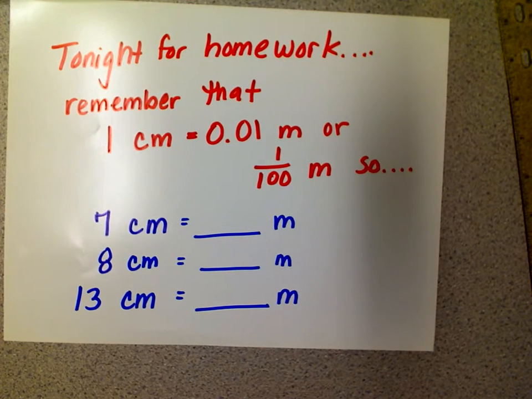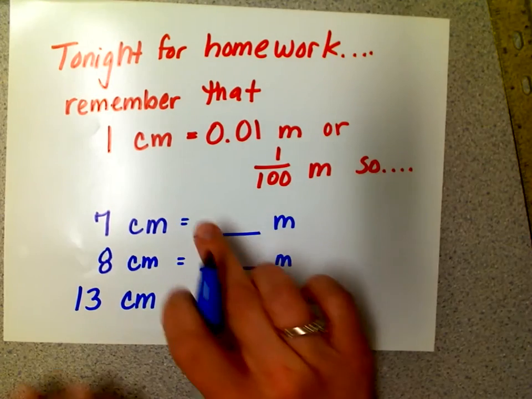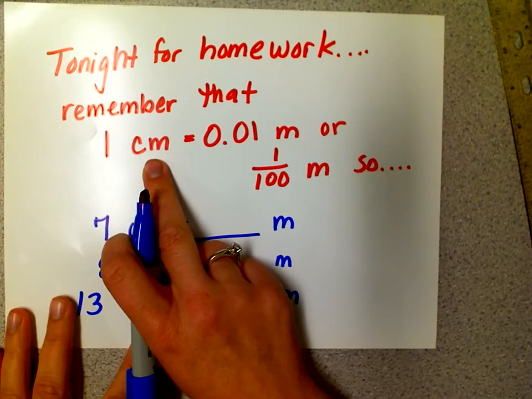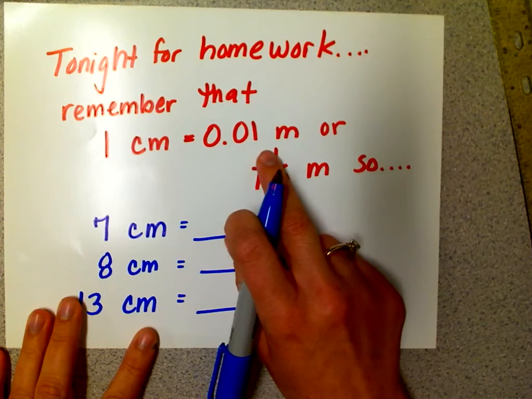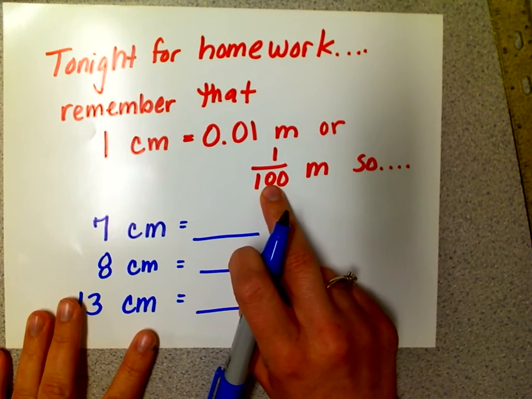Because tonight for homework, you're going to be changing centimeters to meters. Now remember, centimeters are part of 1 whole meter. So when you make these conversions, they're going to be into decimals. Because if I was changing 1 centimeter into a meter, 1 centimeter is actually 1/100th of a meter.